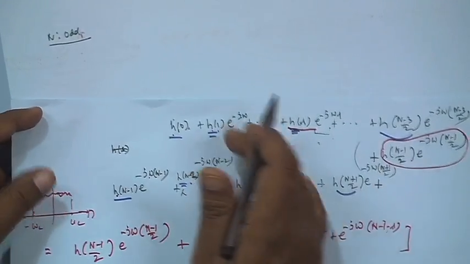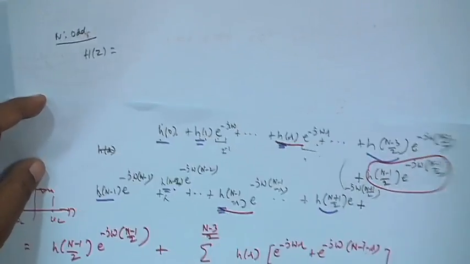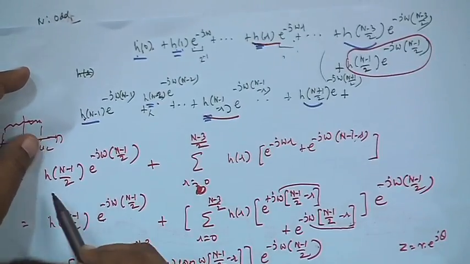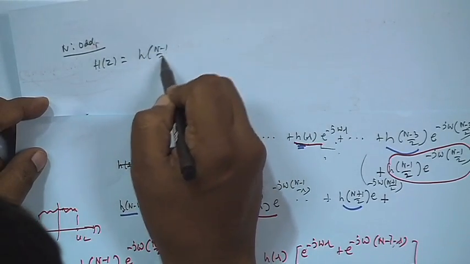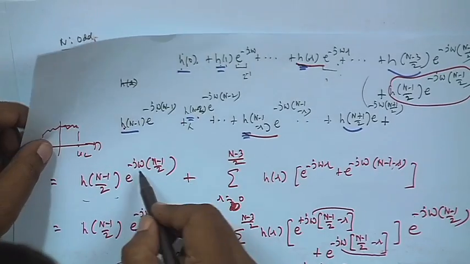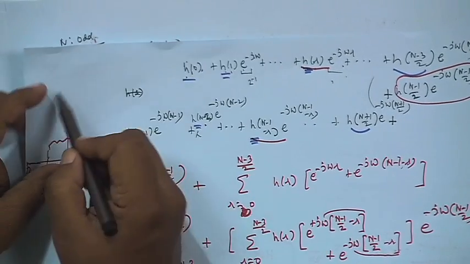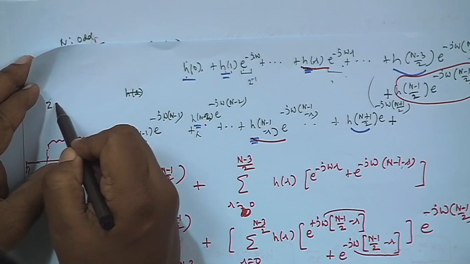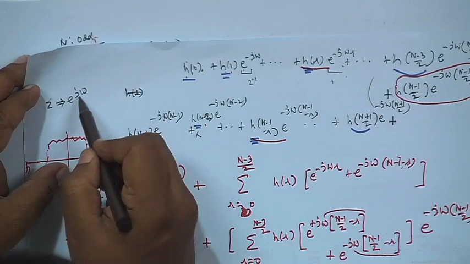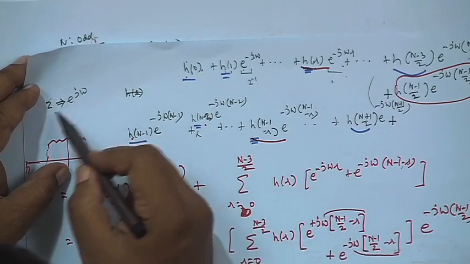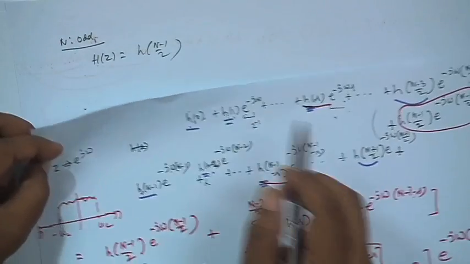Here this guy separately, but e to the power minus j omega into this, instead it will be z to the power minus this. Normally, z is replaced by e to the power j omega in DTFT. If you want to go the other way, wherever you find e to the power j omega, that is z. So, z to the power minus this, z to the power minus this.